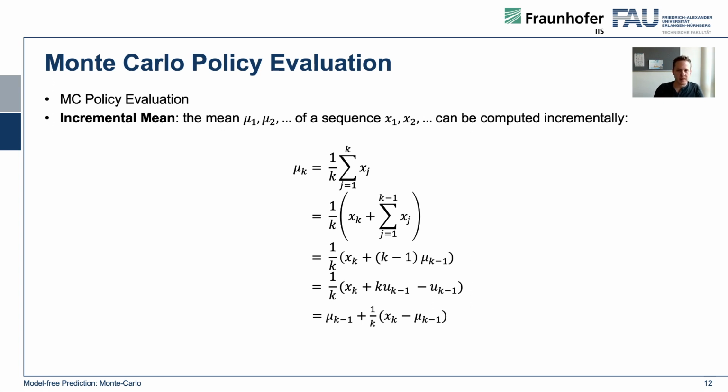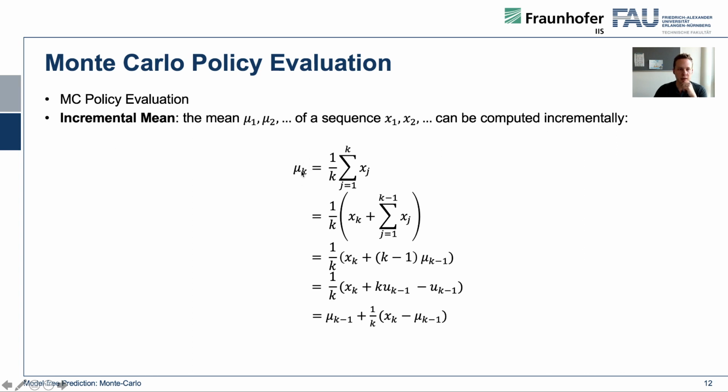So the general idea is, instead of maintaining explicit statistics, we want to maintain an incremental mean of this sequence of state visitations. In the end, the state value is just the mean of all the returns we got on the state, and you can reformulate how you calculate such a mean.